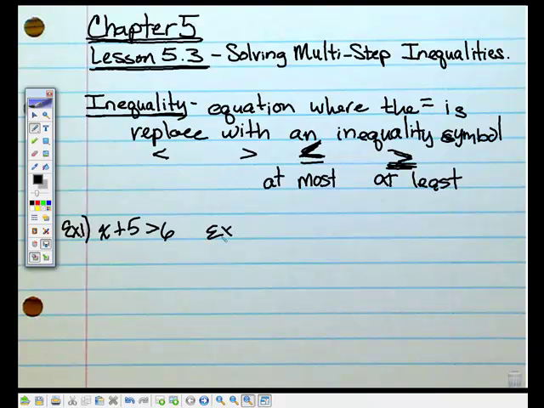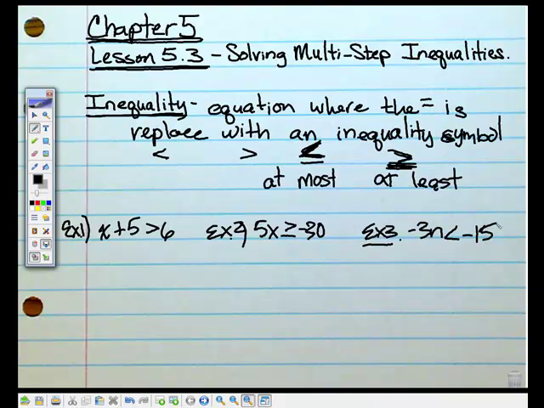If you'll copy these down with me, example 2 will be 5x is less than or equal to negative 30, and example 3 will be negative 3n is less than or equal to negative 15.